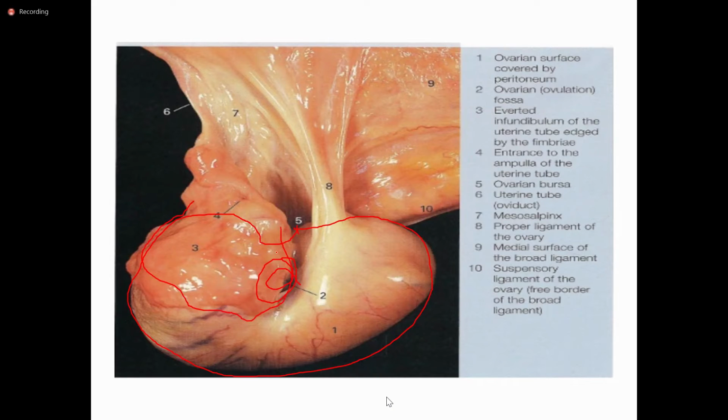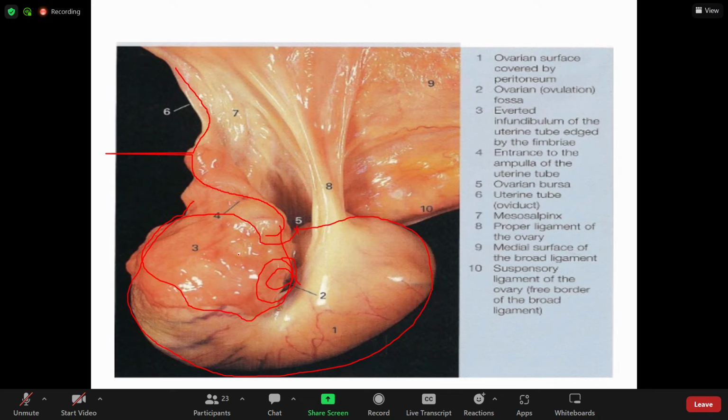So expected that inside it is the infundibulum, and we have here the oviduct, number 6. Ganyan ang itsura niyan. Nagkakaintindihan tayo.